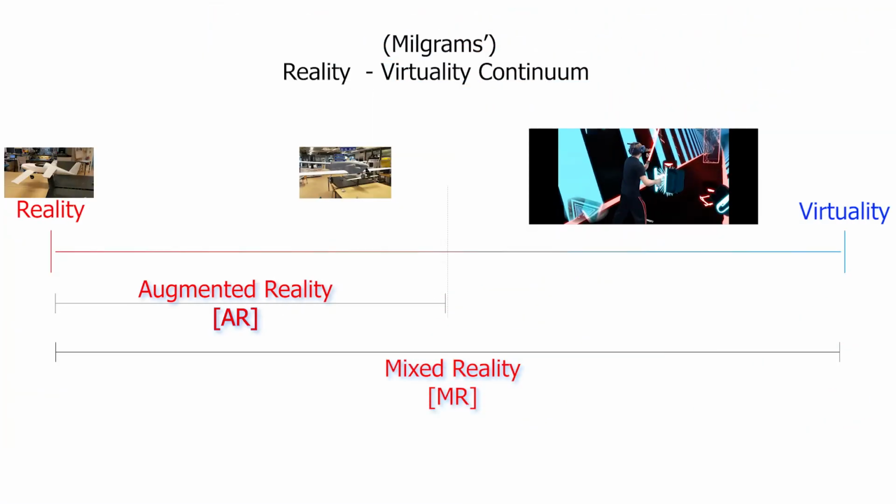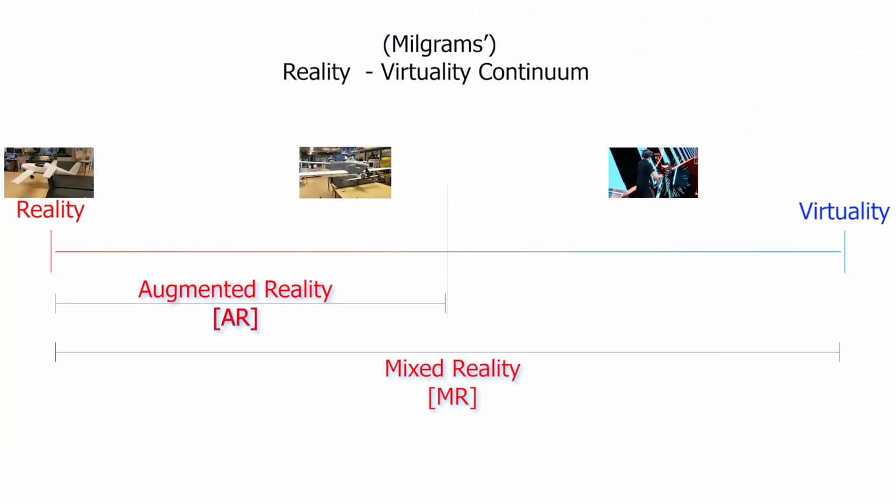Here we have a gamer playing a game called Beat Saber. Off the top of my head, I cannot recall any existing industrial use case. No, not really. Anyhow, the virtual world is altered or enhanced with real content here. And this is known as augmented virtuality.